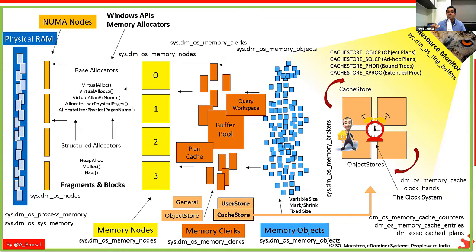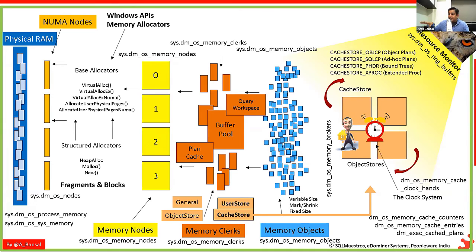No, the brokering system actually handles the demand supply algorithm and is responsible to ensure how much memory is being allocated to a specific clerk, and if more memory is required, can it pressurize other clerks to release some memory, and so on and so forth. So that is done by the memory brokers.